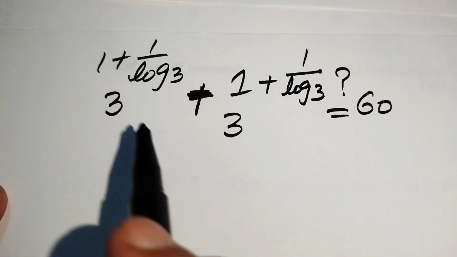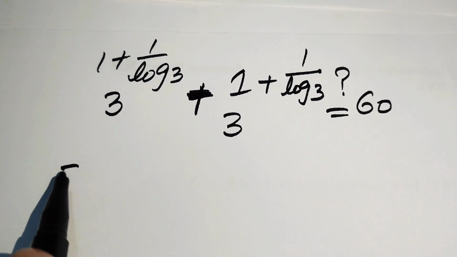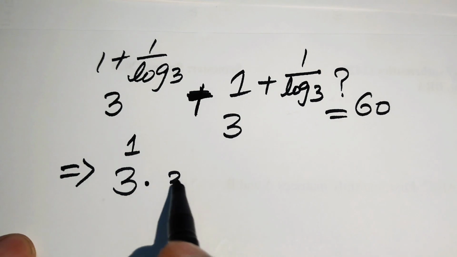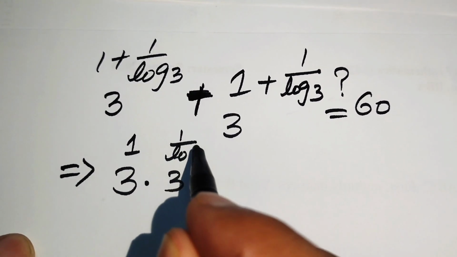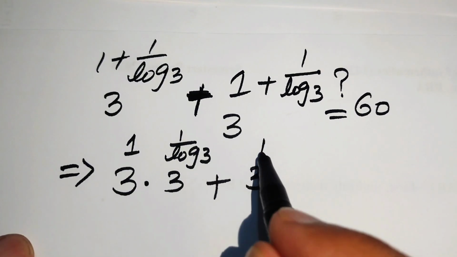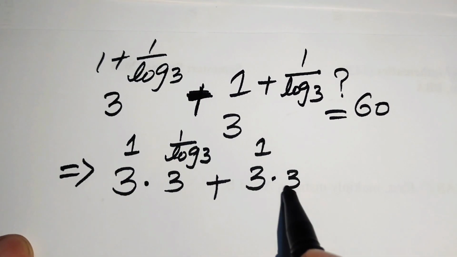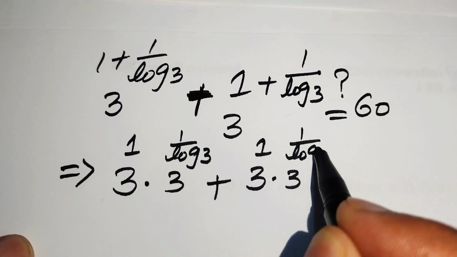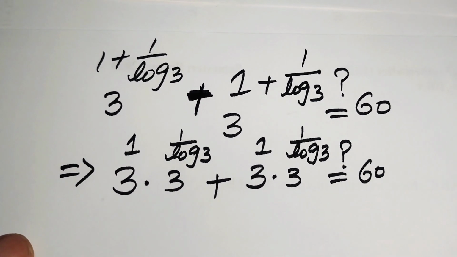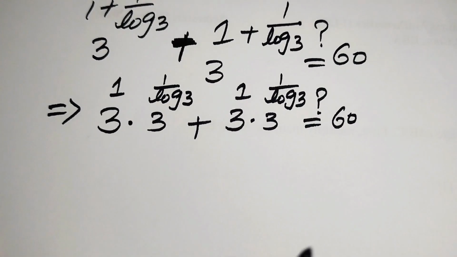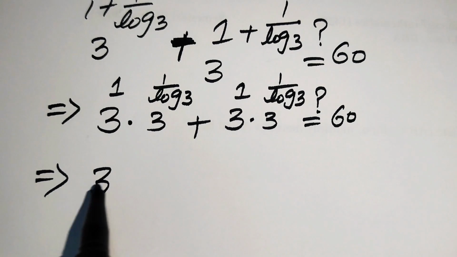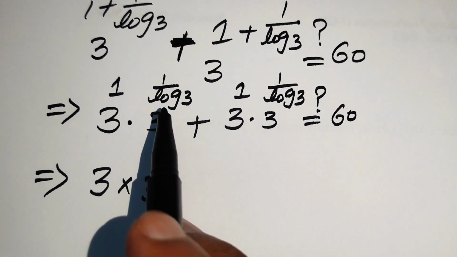Now we break the exponent of both of these terms, and we write this term as 3 to the power of 1 into 3 to the power of 1 over log 3, plus similarly we break this exponent and write it as 3 to the power of 1 into 3 to the power of 1 over log 3. Is this equal to 60 or not? Now we rewrite these terms as 3 times 3 to the power of 1 over log 3.